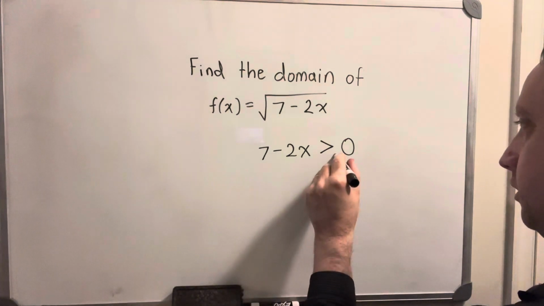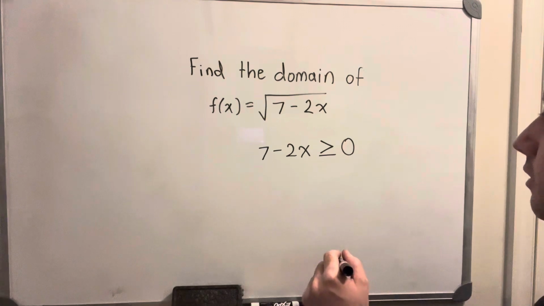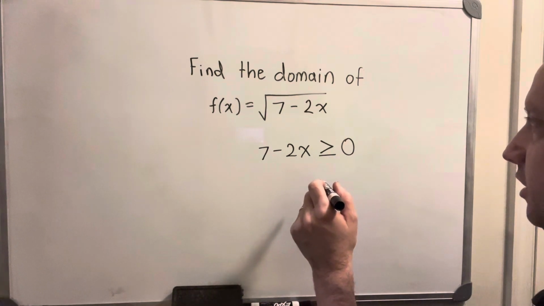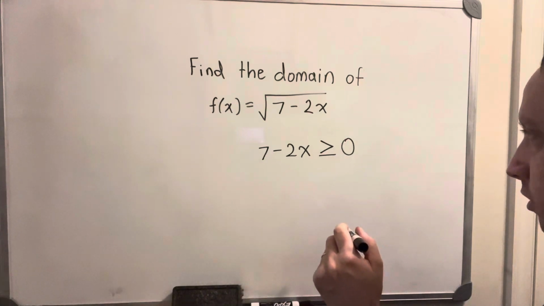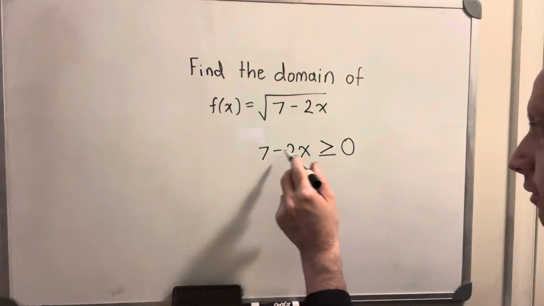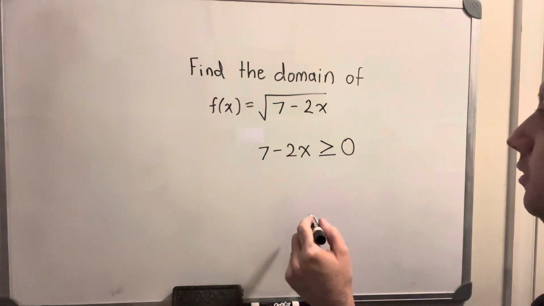So we'll do this. This means we want to know all values of x for which 7 minus 2x is greater than or equal to 0. Okay, what would you do first to get x by itself?